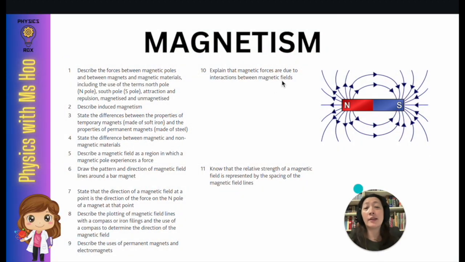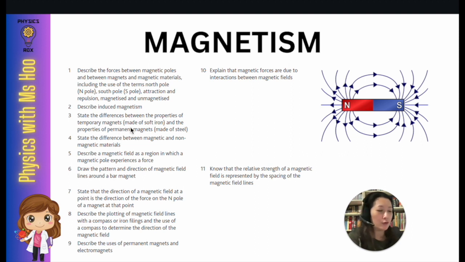So the first thing you need to know is about magnetism. You need to be able to describe the forces between the magnetic poles and between magnets and magnetic materials, including the use of the terms North Pole, South Pole, attraction and repulsion, as well as magnetized and unmagnetized. You need to be able to explain the magnetic forces are due to interactions between magnetic fields, describe induced magnetism, state the differences between the properties of temporary magnets which are made of soft iron.